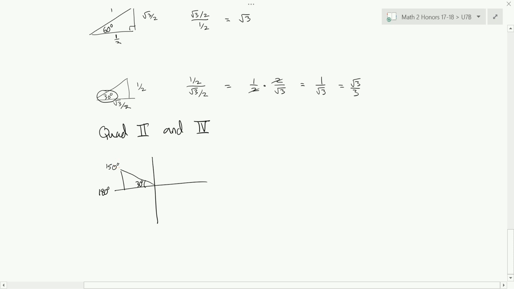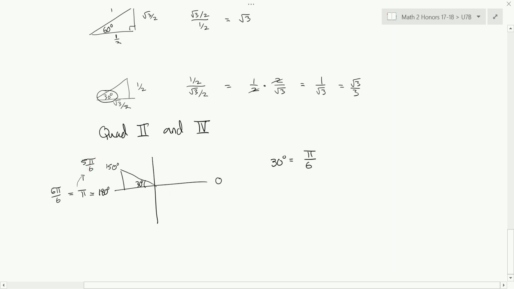We need to be in radians, right? So no problem. Let's switch over to radians. So here's 0 radians. This is pi radians. And 30 degrees is how many radians? Pi over 6. So I'm going to change this to 6 pi over 6. And if I go back, this is going to be 5 pi over 6.